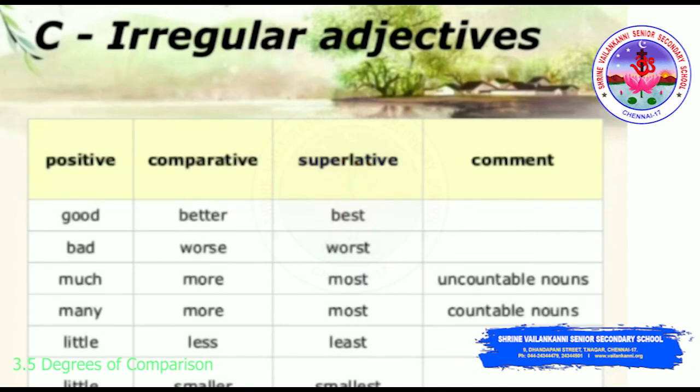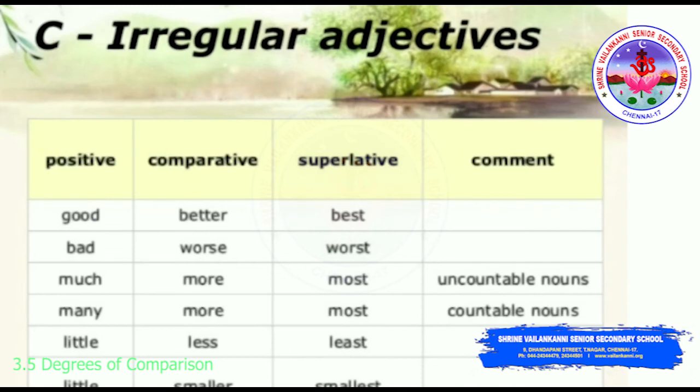When you are using comparative, it's better. Superlative is best. Little, less, least. Much, more, most. Bad, worse, worst. Many, more and most. So this is considered as the irregular adjectives.